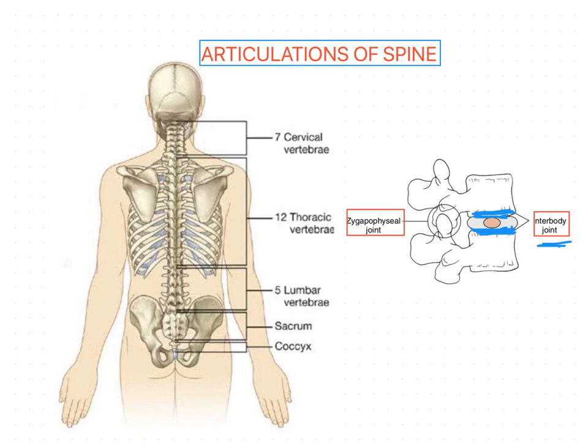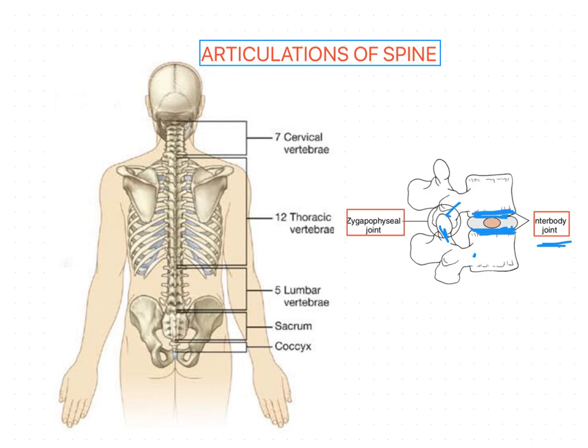Now the next one is the diarthrodial or synovial joints, which are found between the zygapophyseal facets located on the superior articular processes of one vertebra and the zygapophyseal facets located on the inferior articular processes of the adjacent vertebra above it.